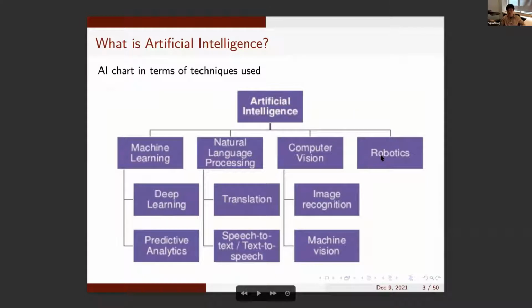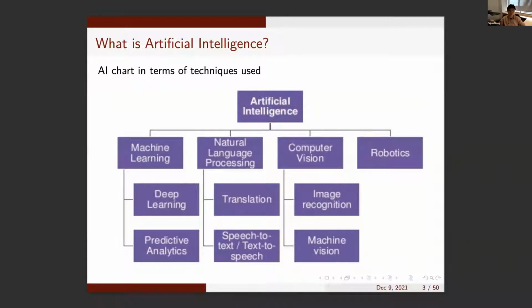There is also a popular item, robotics, but that will not be the focus today. You can see here I separate machine learning from NLP and CV. Actually NLP and CV use lots of machine learning models, but they also have their own specific procedures and techniques. That's why I put them separately.